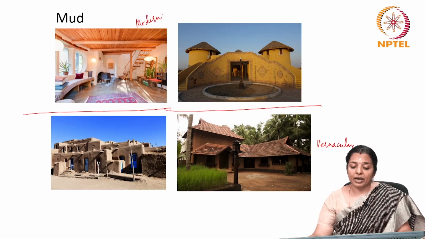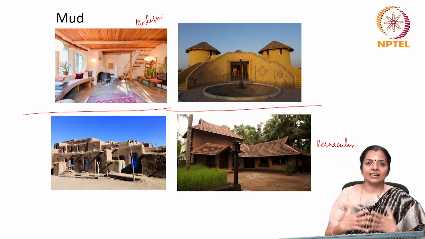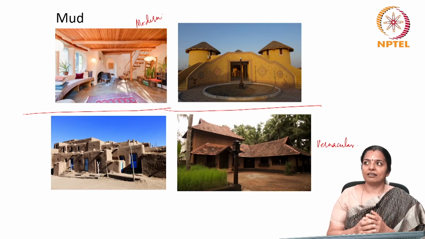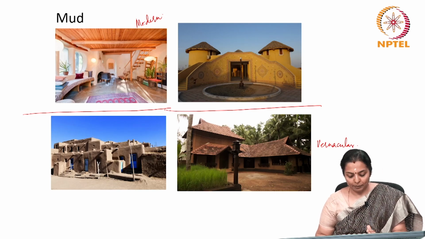One cannot even make out. Yet it brings in a certain rusticity, a very ethnic touch to the buildings, and therefore in no way are these building materials less than any of the contemporary building materials.